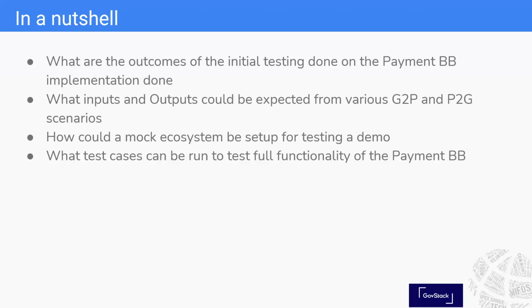We've also looked at a way through which, if we want to have end-to-end testing of the system, we could set up a mock system by creating some mock tenants, allocating them some budgets, and, as a prerequisite, configuring them in the payment hub instance that we've created in the deployment that we've done.